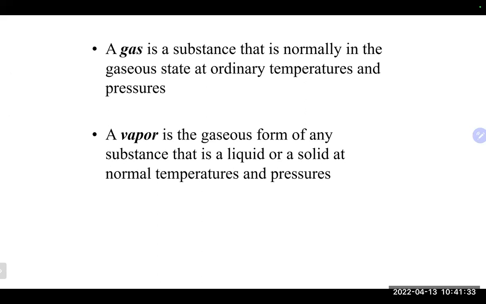And that is why, if you think back to the gas experiments we did the other week, we talked about getting the water vapor pressure, right? When we talk about water in the gas phase, we call it steam or water vapor, because water is normally found in the liquid state and has been converted into the gas phase.